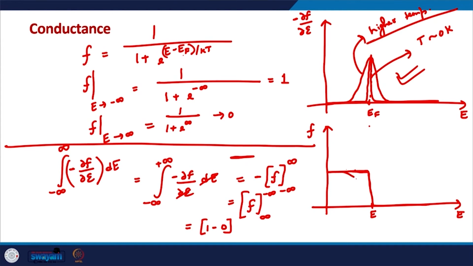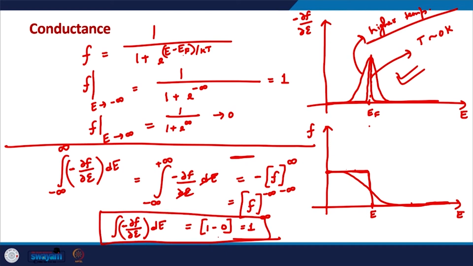If we have a general plot of the Fermi function, it is 1 at very low energy values and it is 0 at extremely high energy values. We do not even need to do this maths. So, this is essentially 1. So, the integral of minus del f by del E over E is 1. So, these are two things that we need to keep in mind.